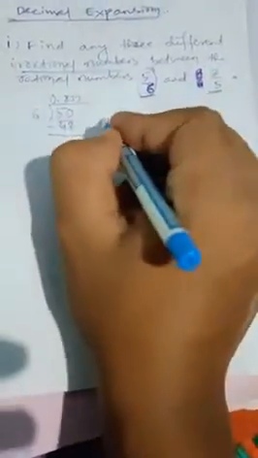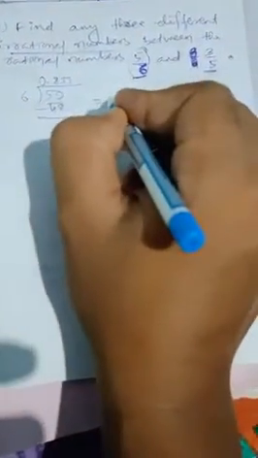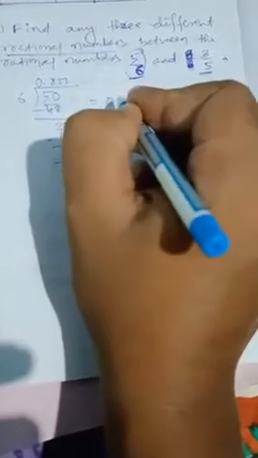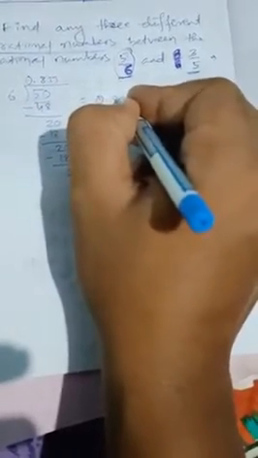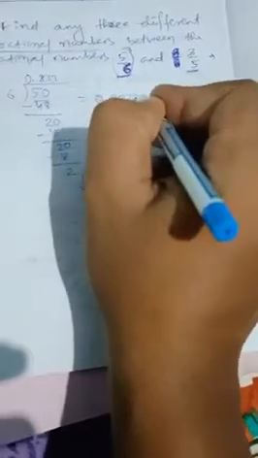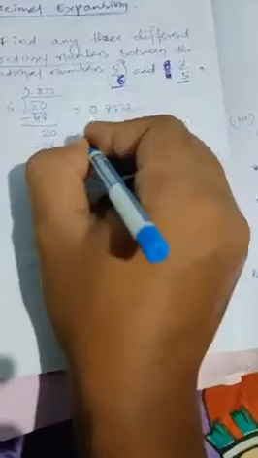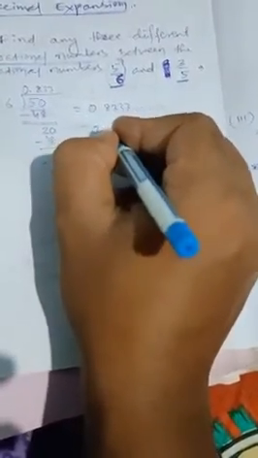And here the quotient will be 0.8333, and this 3 will continue. So we can write it as 0.83 bar.